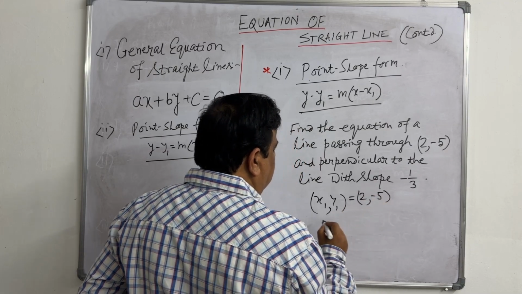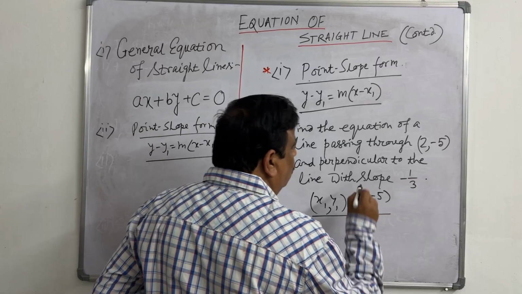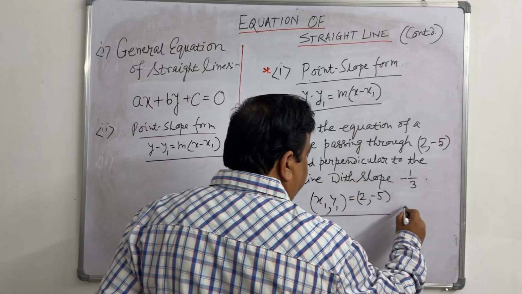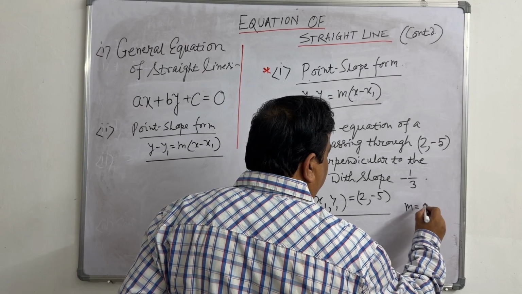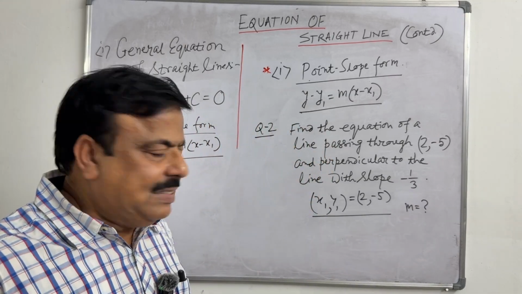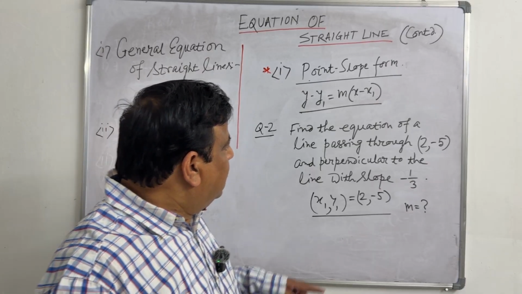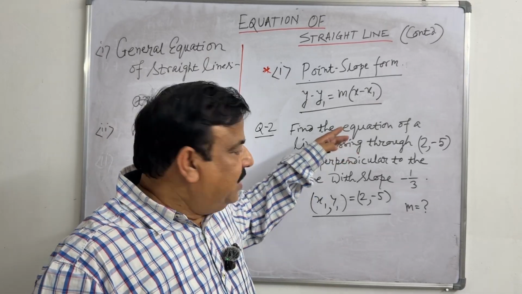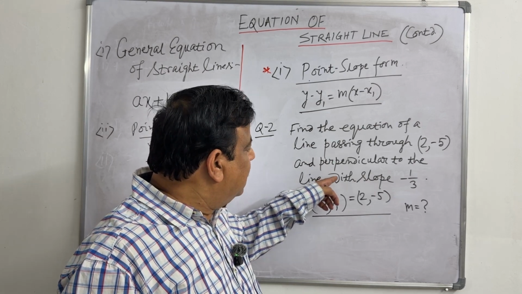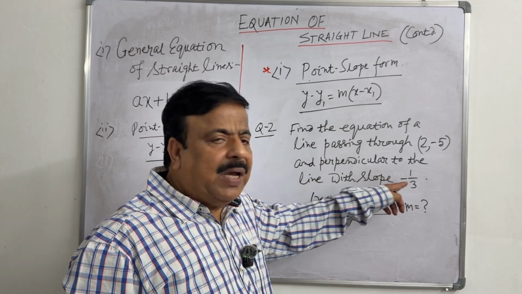Okay. So what is the slope of the line under consideration? This one we have to find. So what is given? The line under consideration is perpendicular to another line whose slope is minus 1 by 3.